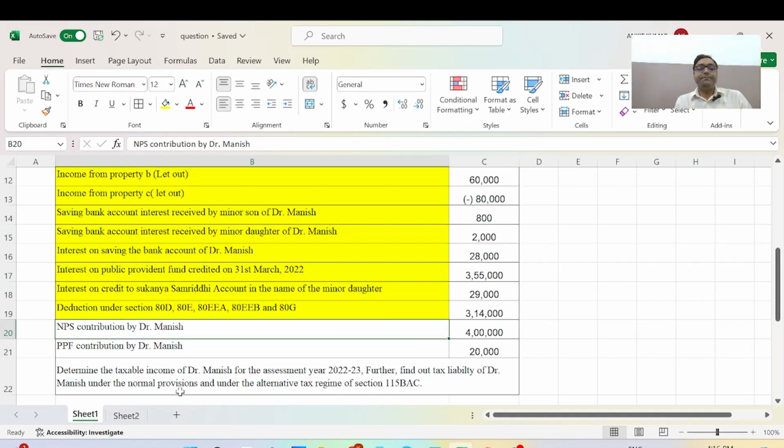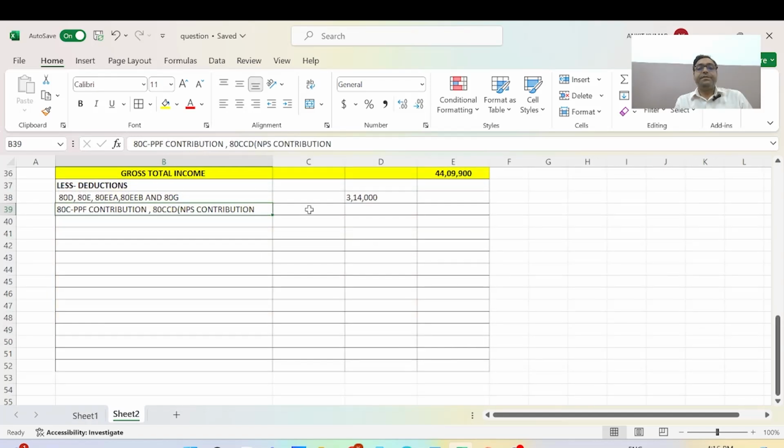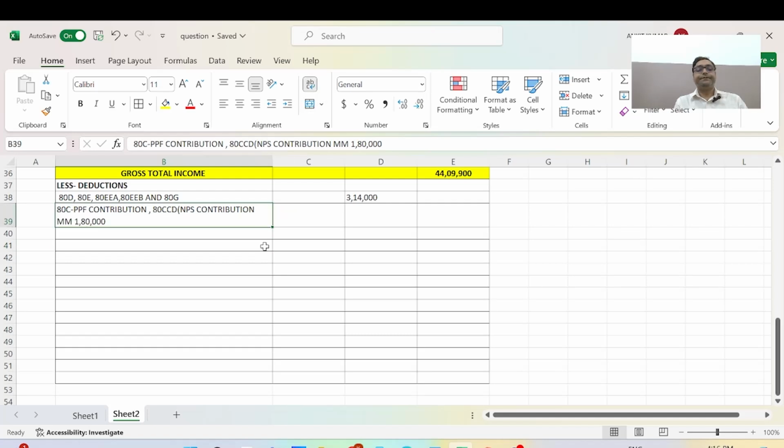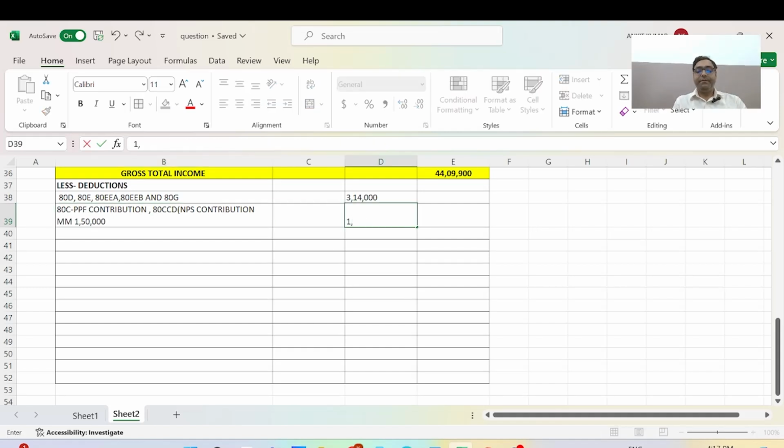The deductible amount is subject to a maximum ceiling of 1,50,000. It is 1,50,000, not 1,80,000, and 1,50,000 will be deducted here.